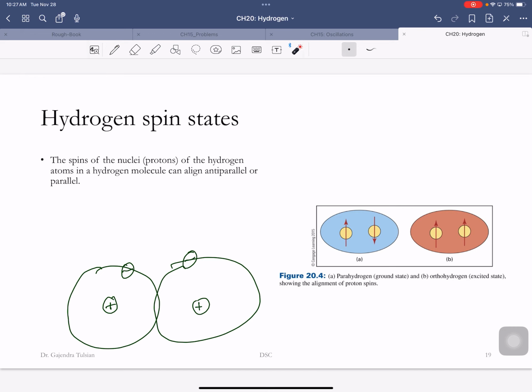The proton has a spin, spinning like a top, and here's the spin direction. If both of them spin like this, it has more energy than this one.